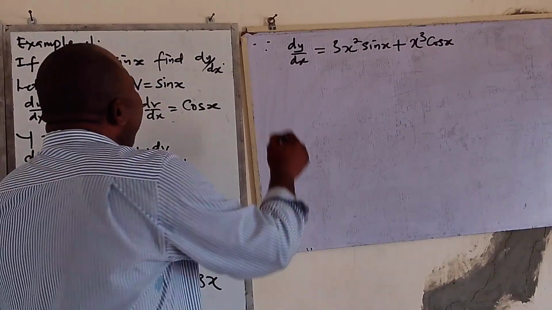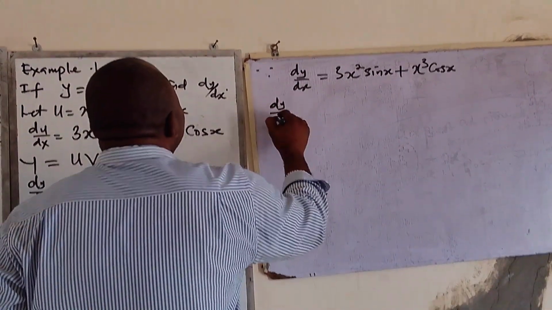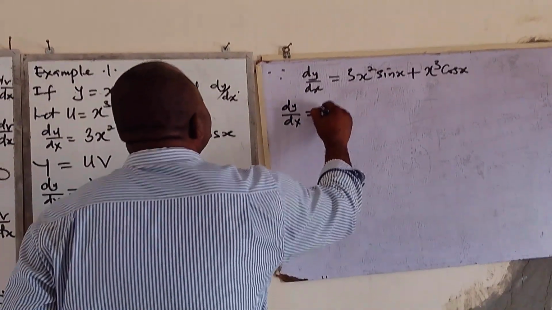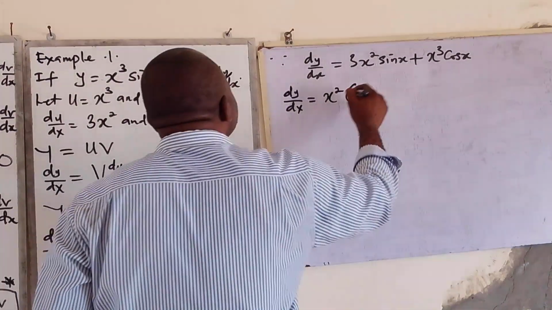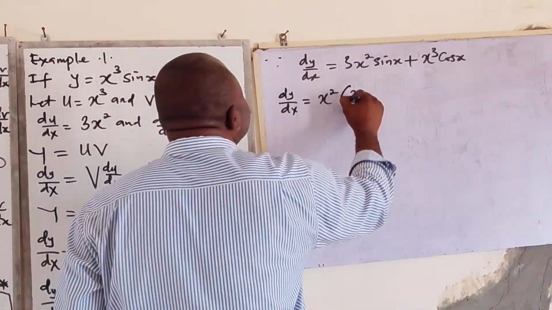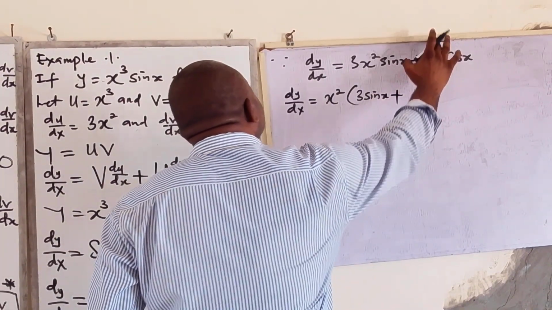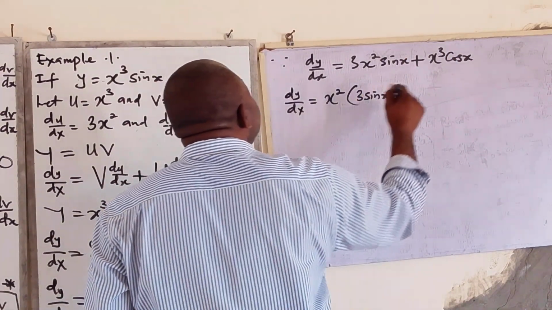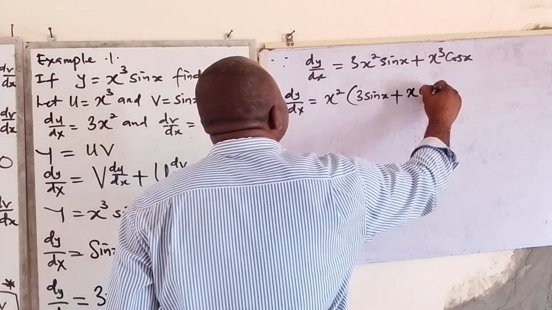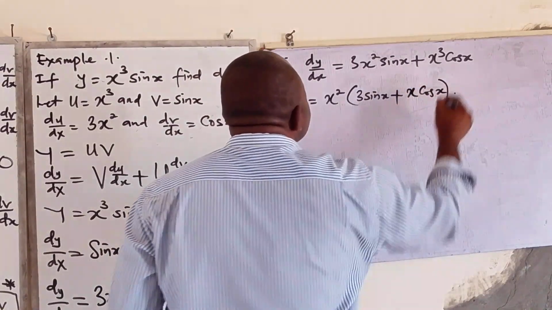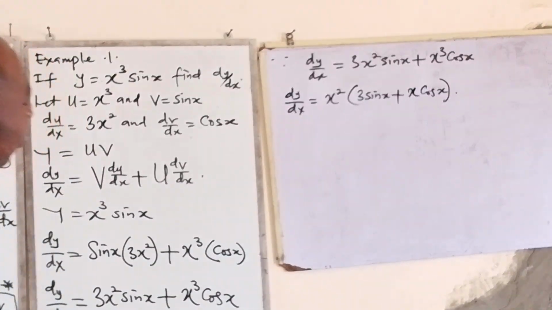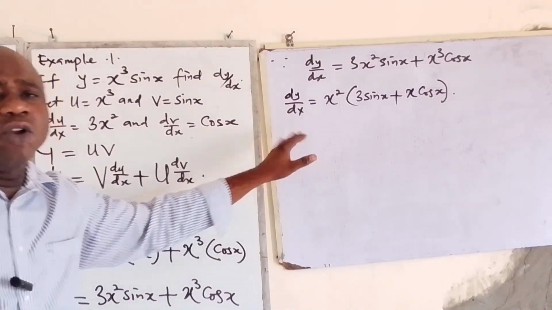So it means dy/dx will be equal to, you factor x squared out. So here you have 3 sine x plus, out of this x power 3, we'll be left with x. Then we have cos x. So that is the value of our dy/dx.